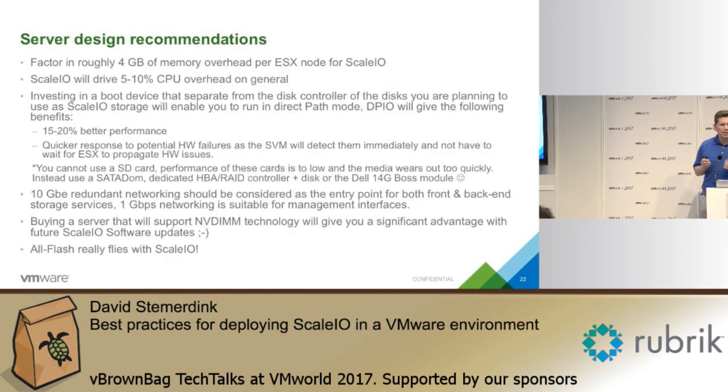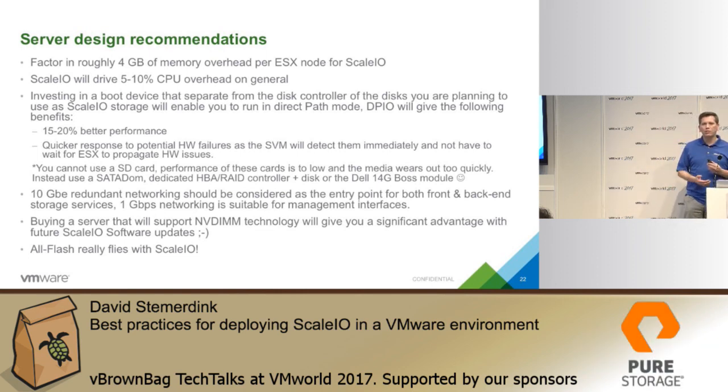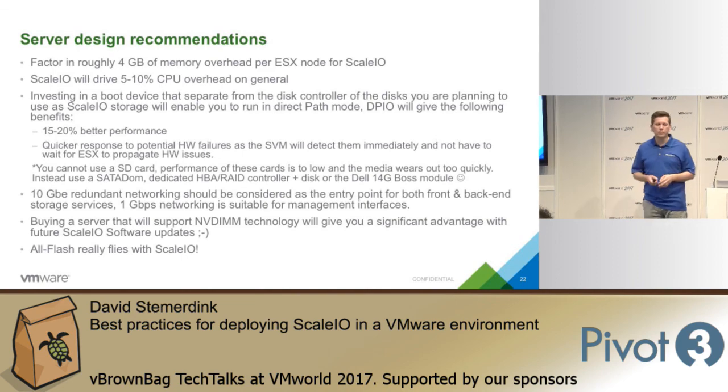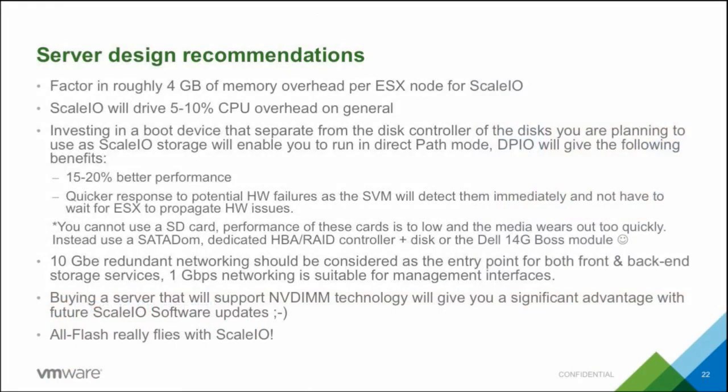So, quick wrap up. When you're designing a server, about 4 gigs of memory overhead per node will suit ScaleIO fine. You can increase that to 8 for all I care. That's all we need. 5 to 10% of the CPU should be allocated or reserved, however you want to look at that, as part of your sizing exercise for running the elements, and that's all you need.